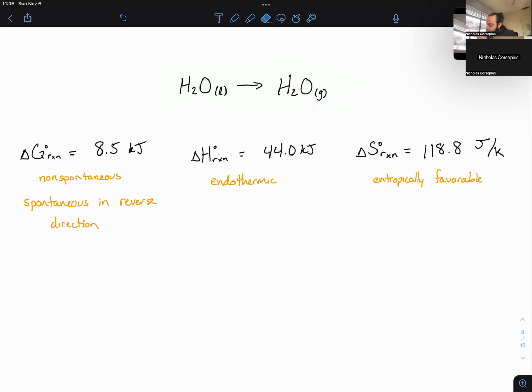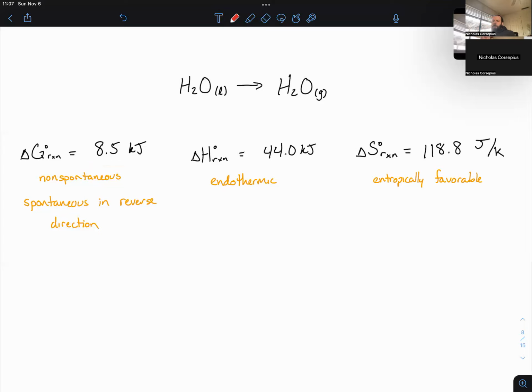As we said, we're going to talk a little bit more about these standard conditions because we've talked about a piece of it, but not the whole story. Okay. And so on the one hand, we know that water does not boil at 25 degrees Celsius. So the fact that this is non-spontaneous makes sense, right?